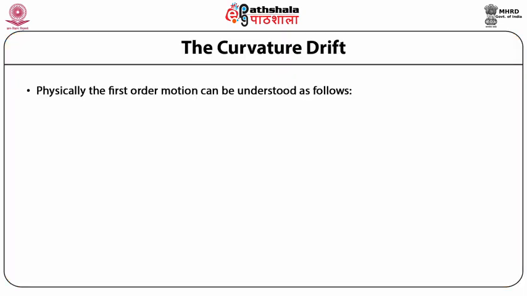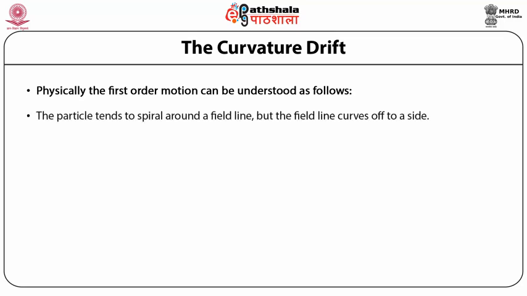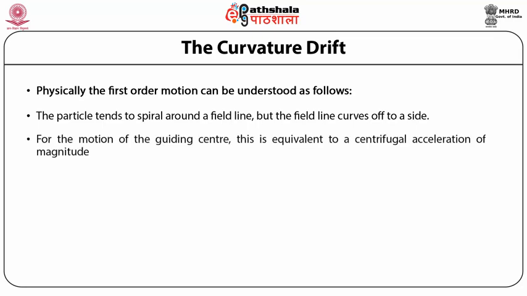Physically, the first order motion can be understood as follows. The particle tends to spiral around a field line, but the field line, instead of being straight, curves off to a side. As far as the motion of the guiding center is concerned, this is equivalent to a centrifugal acceleration of magnitude v_perpendicular squared by r, which means a centrifugal force of magnitude m gamma v_perpendicular squared by r.